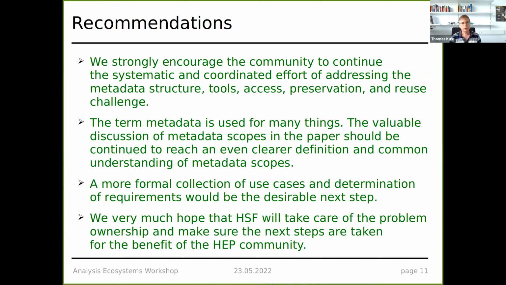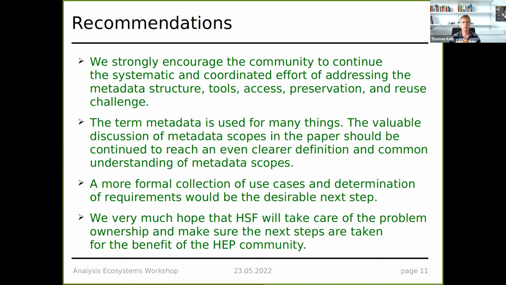So our final recommendations are given here on this slide. We strongly encourage the community to continue the systematic and coordinated effort of addressing the metadata structure, tools, access, preservation, and reuse. So it's really a big challenge. It has several aspects.